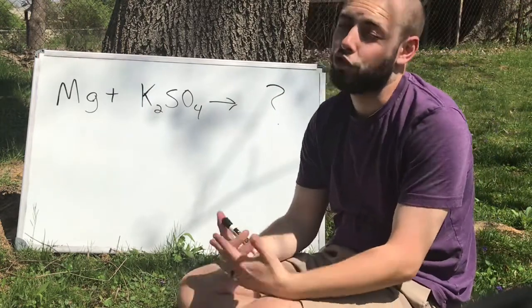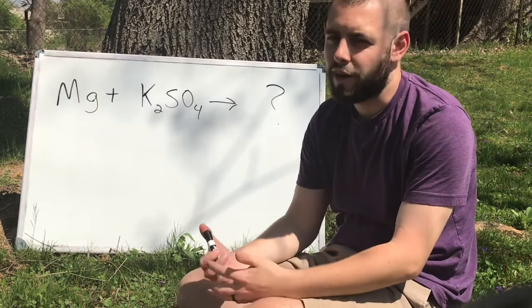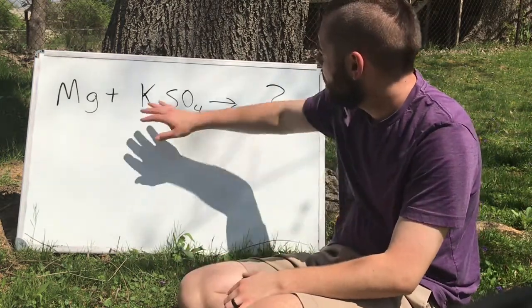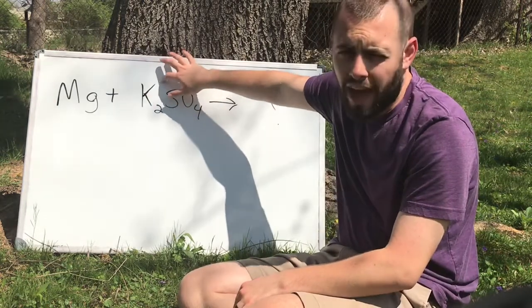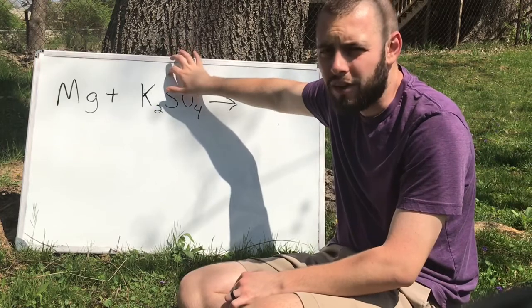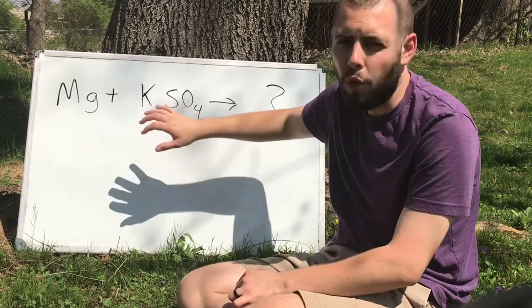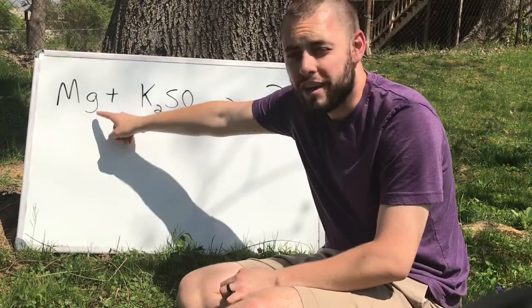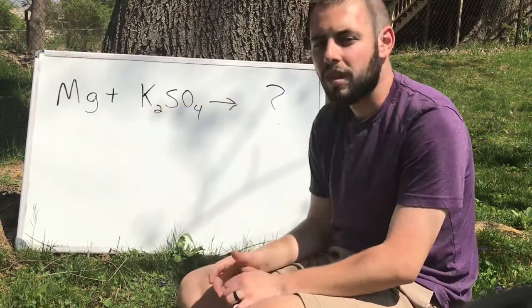Potassium is extremely reactive, very unstable on its own. So the more reactive metal is already in the compound. The more stable metal is already in its elemental form.